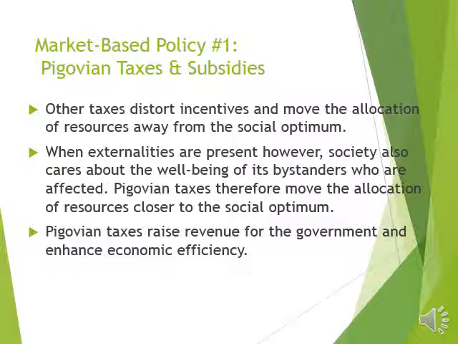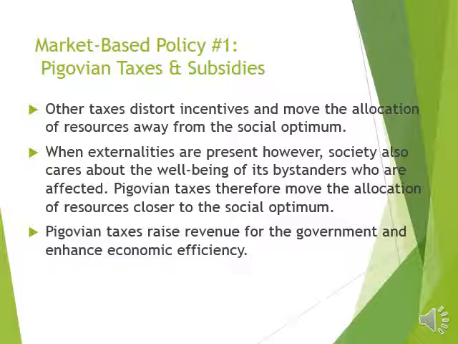But other taxes, not Pigovian taxes, can actually move things in different directions and away from the social optimum. However, when there is an external cost, a Pigovian tax can move that supply line up to the social optimum solution. And we looked at graphs of those in the last lecture.